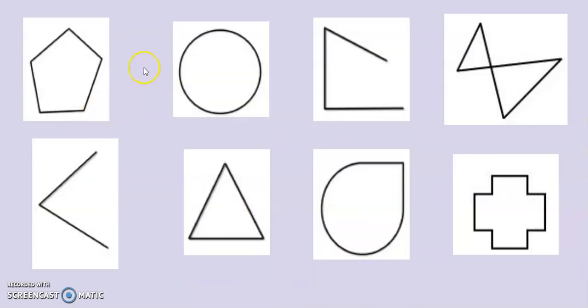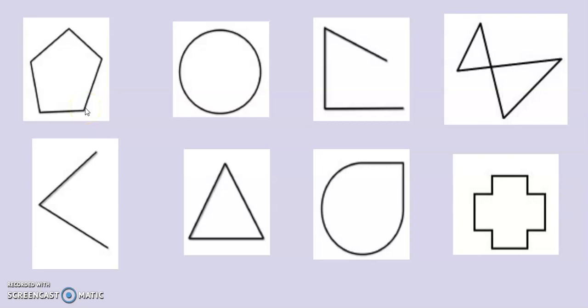Let's continue. I want you to try. I'm going to show you a shape like this one, and I want you to tell me, is it a polygon? Yes or no? You're right. It is a polygon. As I look, it is closed. It does have all straight lines.